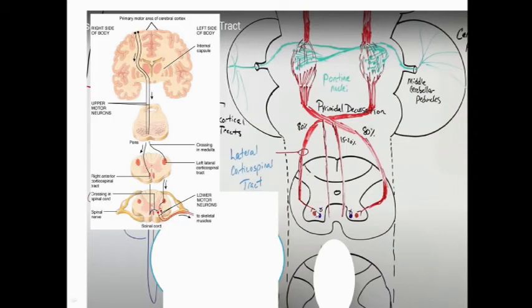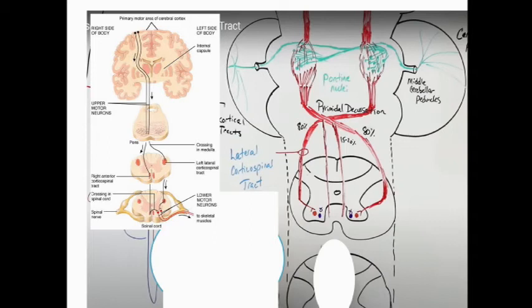These fibers are in red color, and up to the red color they are called the upper motor neuron. What are they called? They are called upper motor neurons, and from the anterior horn or ventral horn of the spinal cord, the lower motor neuron. Okay, so till the spinal cord they are called upper motor neuron.